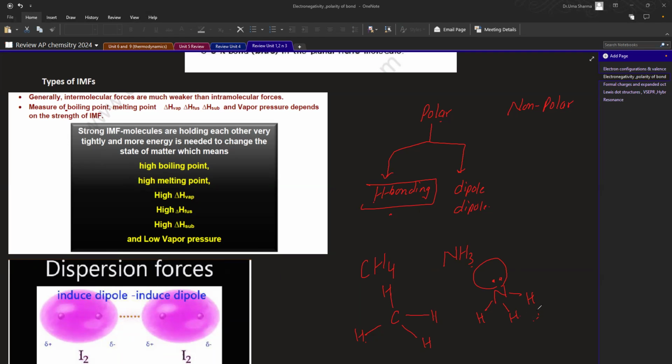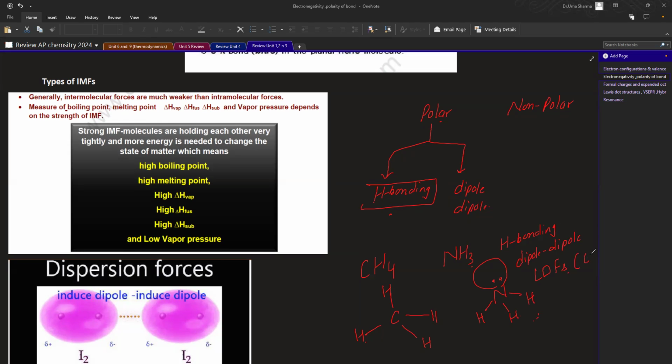So you know these molecules, they have hydrogen bonding. They have dipole-dipole. Hydrogen bonding is an extreme dipole-dipole due to large difference in electronegativity. And they have London dispersion forces also.